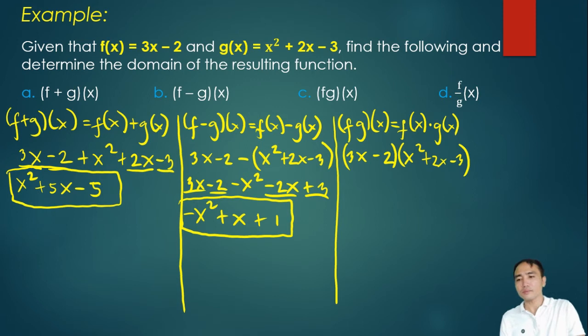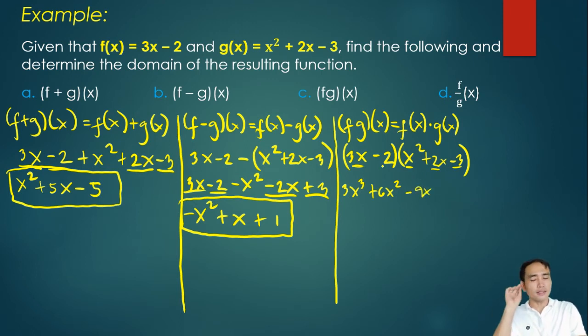Next, we're going to use the distributive property of multiplication. 3x times x squared will give us 3x cubed. Next, 3x times 2x will give us 6x squared. Then 3x times negative 3 is negative 9x.